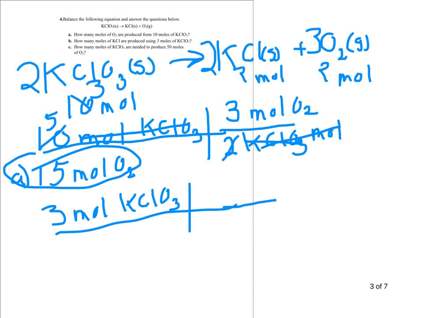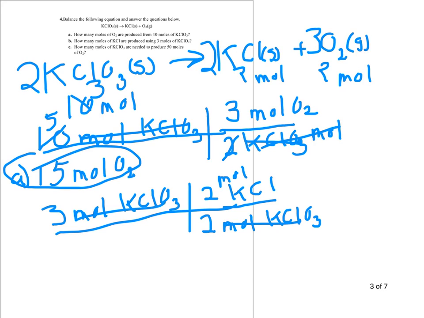We multiply by the mole ratio, which will be 2 moles of KCl for every 2 moles of KClO3. Moles cancel moles, 2 cancels 2. And then for B, we end up with 3 moles of KCl.